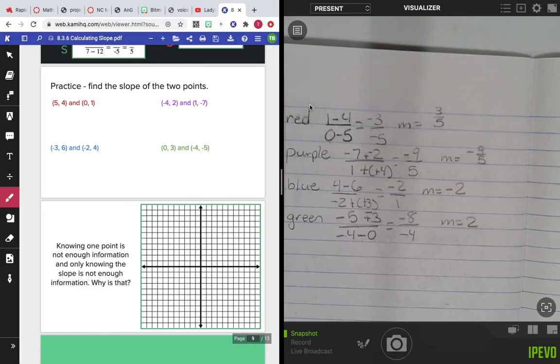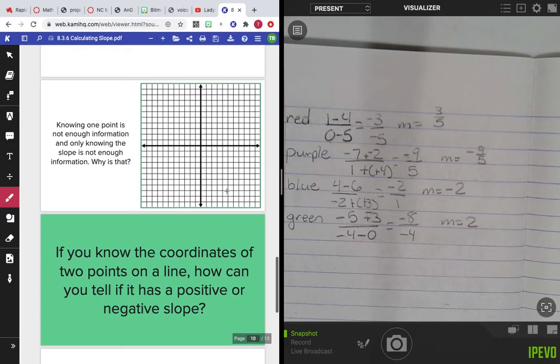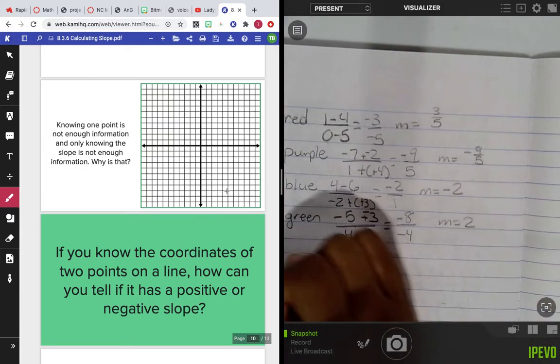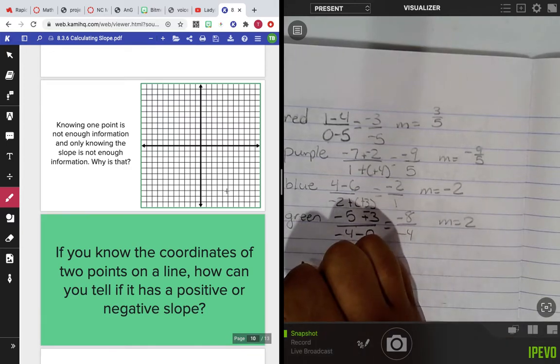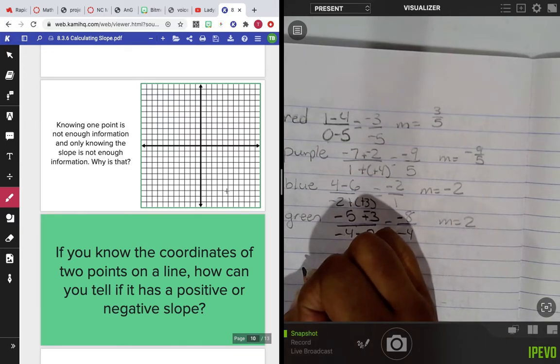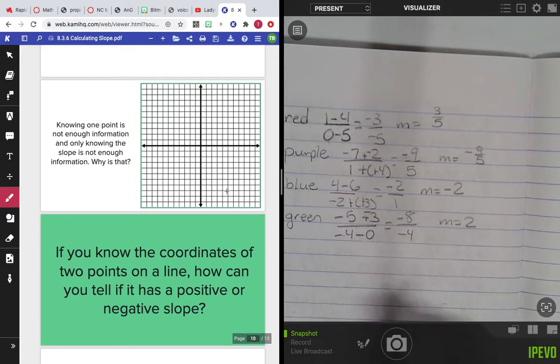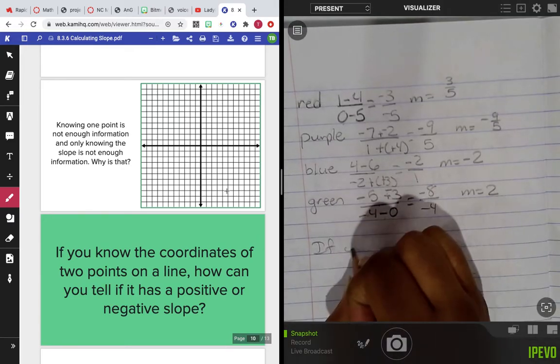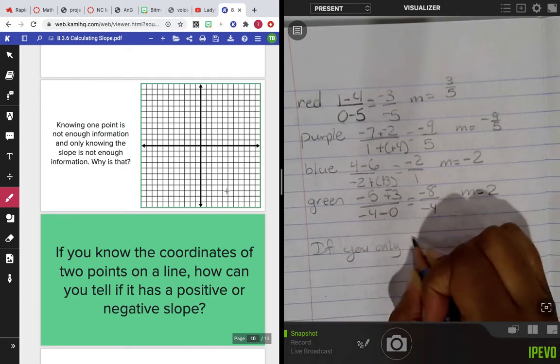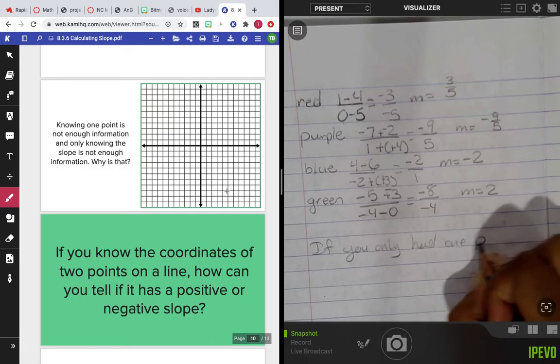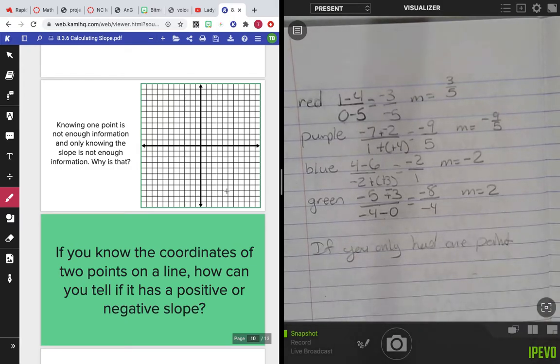All right, so our question here, we have another graph, but our question is slightly different. It says knowing one point is not enough information, and only knowing the slope is not enough information. Why is that? Well, it's not enough information because if you only have one point, you can't find the slope.